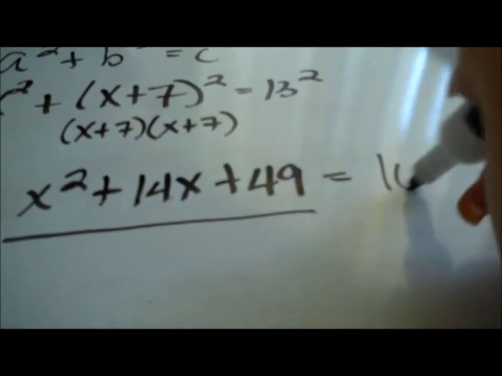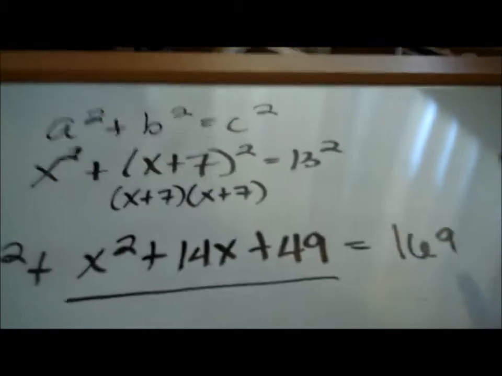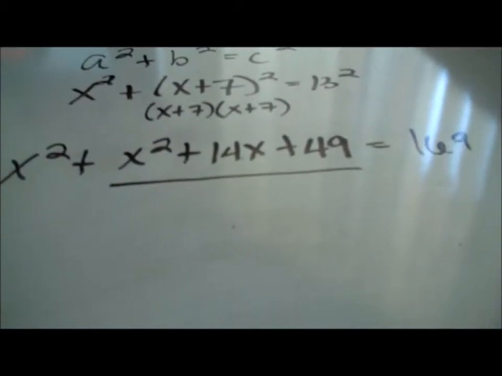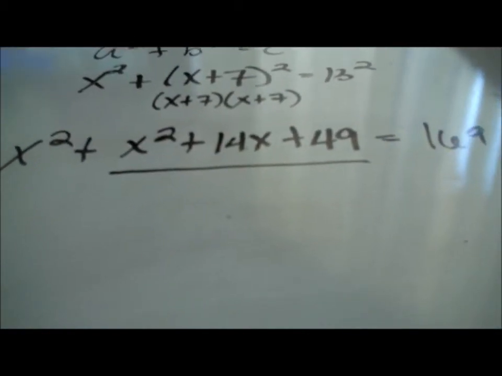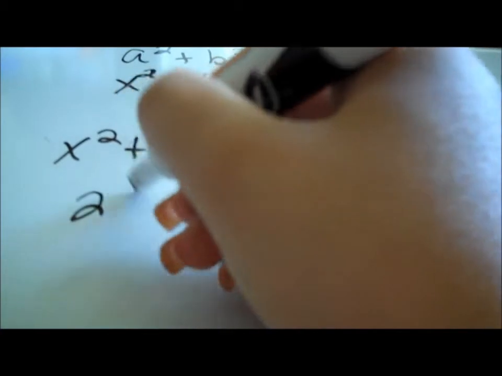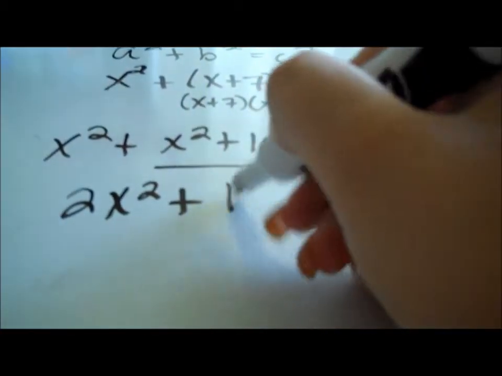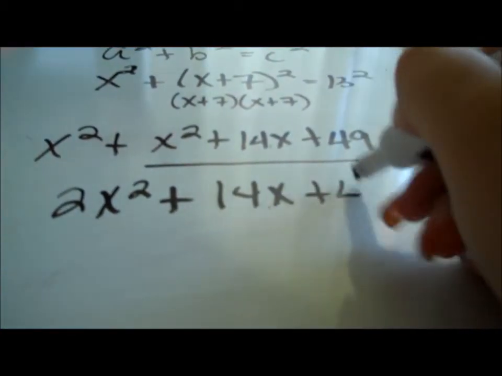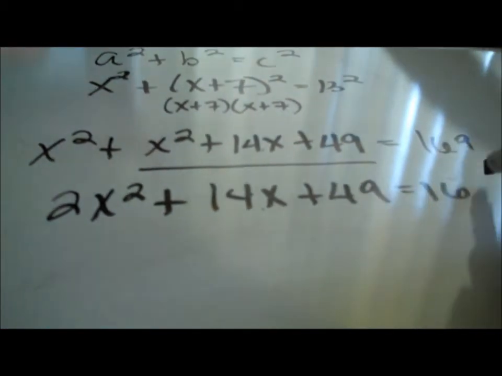13 squared is 169. So this is what I get from my Pythagorean theorem. Okay, I need to combine like terms right here. So I have an x squared and an x squared. So that gives me 2x squared plus 14x plus 49 equals 169.